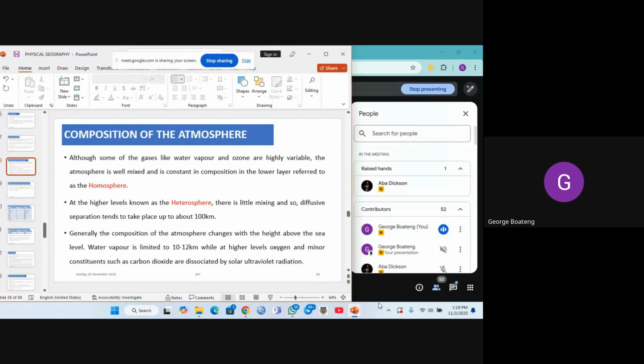So where you have maybe carbon dioxide 0.0 something, where you have oxygen 21%, where you have nitrogen say 78%, and it is not reducing that much, it is termed as the homosphere. But the heterosphere is the upper portion, when you move upwards, where the gas composition tends to vary or tends to reduce.